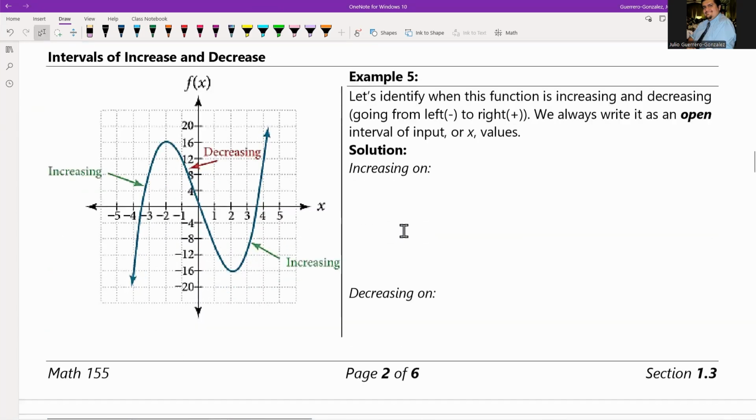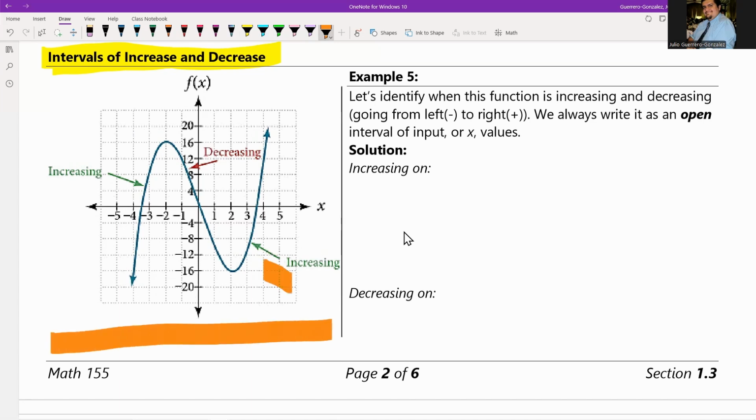Let's move on to increasing and decreasing. Intervals of increase and decrease. When you want to determine if something is increasing or decreasing, what you always want to do is look at your function as you're going from left to right.